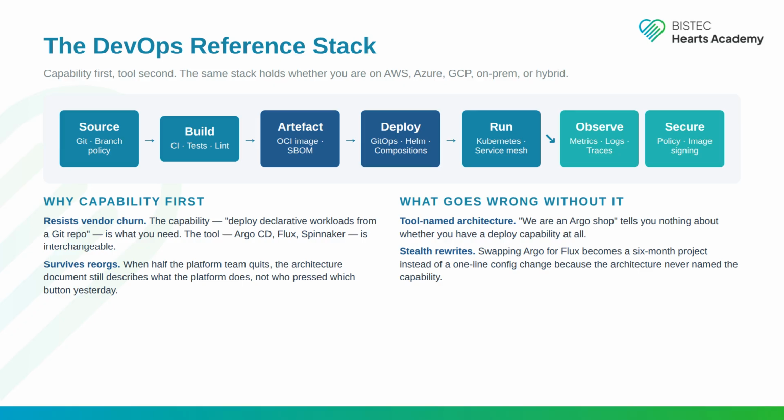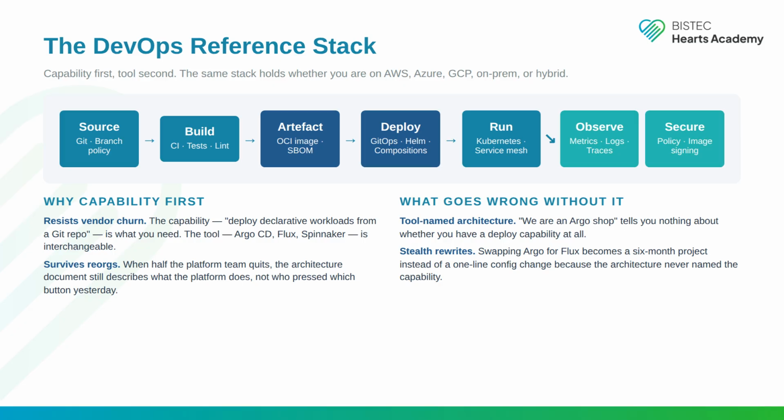Why capability first? 2 reasons. First, it resists vendor churn. The capability, deploy declarative workloads from a Git repo, is what you need. The tool is a configuration change, not a rewrite. Second, it survives reorgs. When half the platform team quits, the architecture document still describes what the platform does.